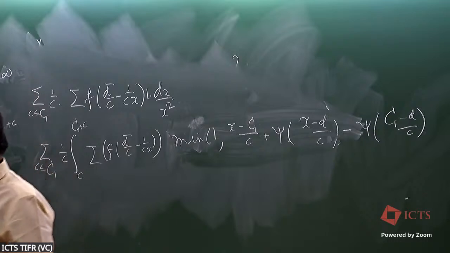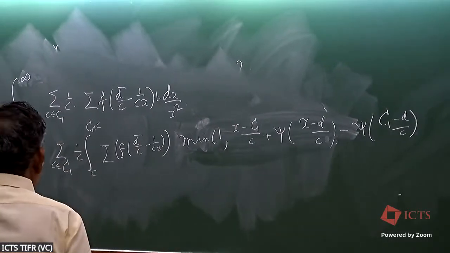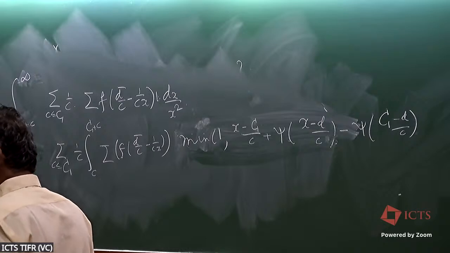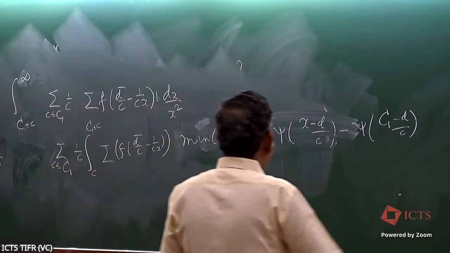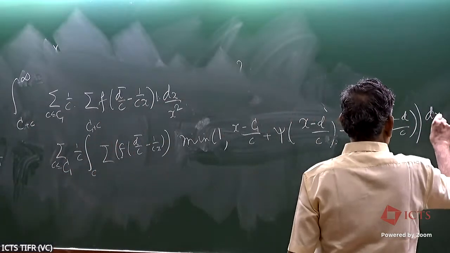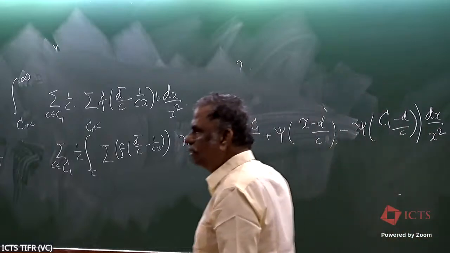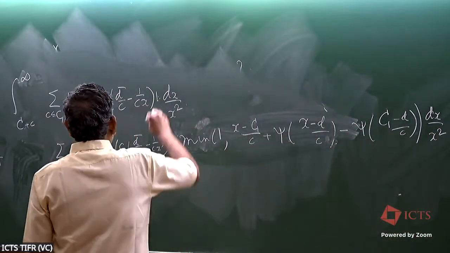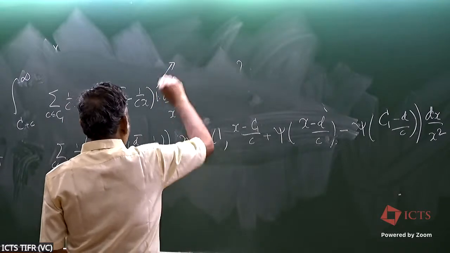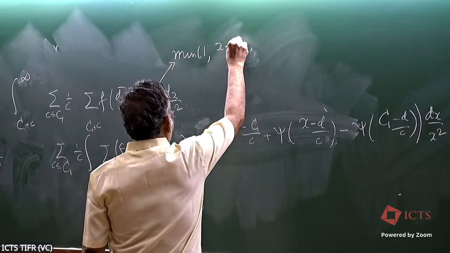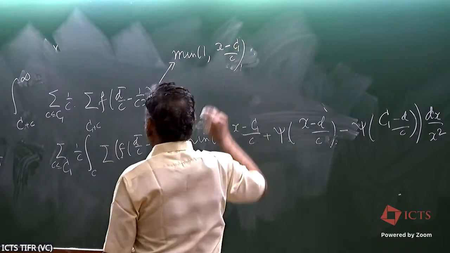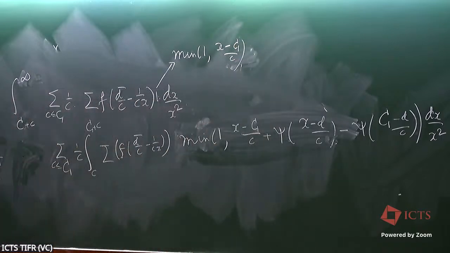That's what I get, times dx over x squared. And now in this particular part, if I replace this 1 by the minimum of 1 and (x minus capital C) divided by little c, which I am allowed to, then the main term turns out to be the same in both the integrals.